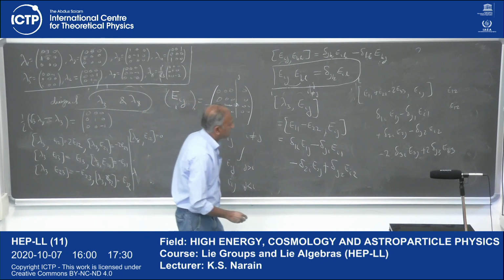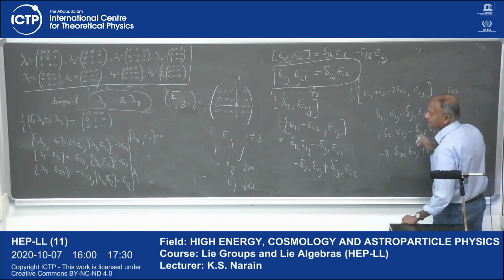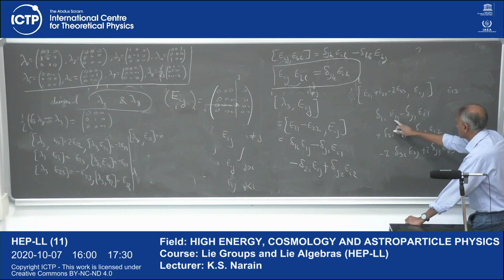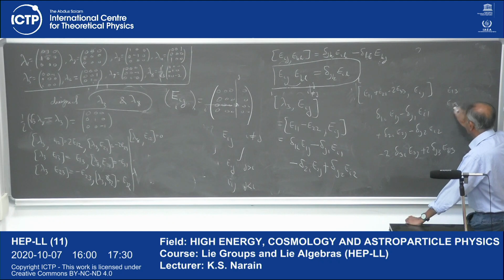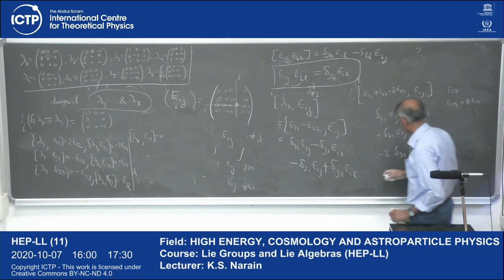Okay. Then look at 1, 3. So when i equal to 1, this survives, so that's E13. And nothing else survives here. Here, j is equal to 3, so only this survives. So you get here plus 2 E13, so 3 E13.